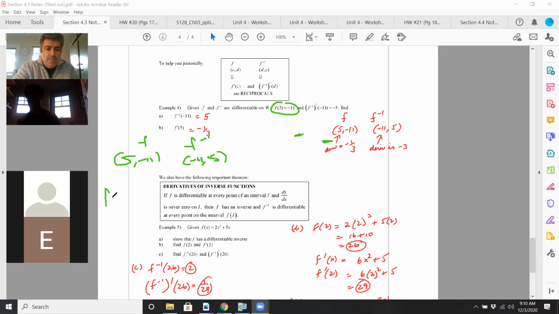Therefore, f prime of 5 equals the reciprocal of the derivative of the inverse evaluated at -11. That's the whole point of this lesson. Well, we're not given f prime of 5. You're given the derivative of the inverse evaluated at -11, which is -3. Therefore, f prime of 5 is -1/3. It's a reciprocal.